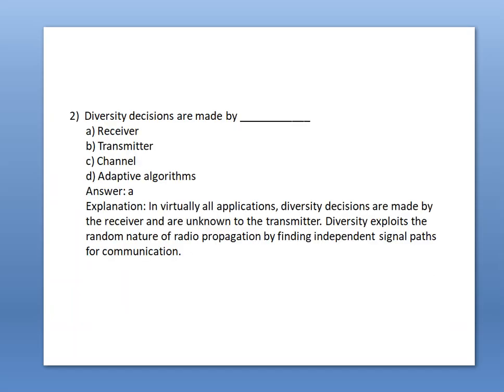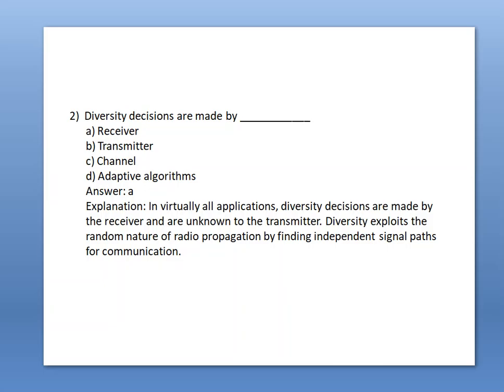So coming to bit number 2. Diversity decisions are made by the A. receivers, B. transmitters, C. channels, and fourth one is the adaptive algorithm. Yes, the answer is A, completely made by the receiver. Explanation: in virtually all applications, diversity decisions are made by the receiver and are unknown to the transmitter.